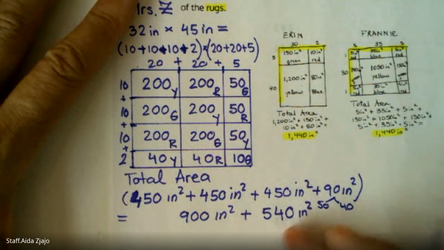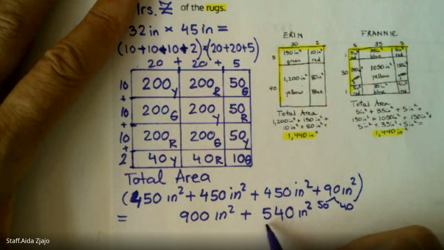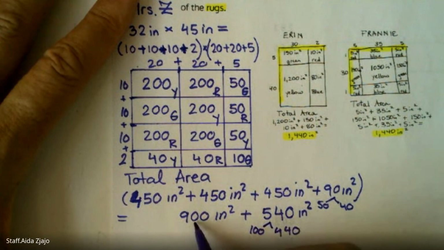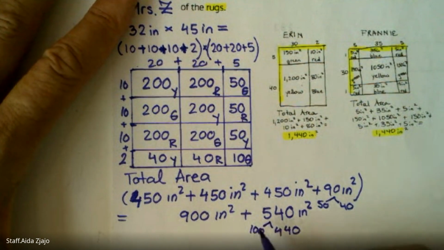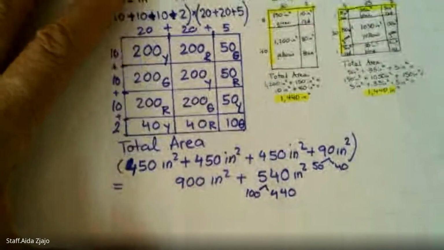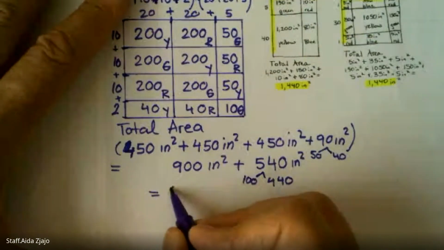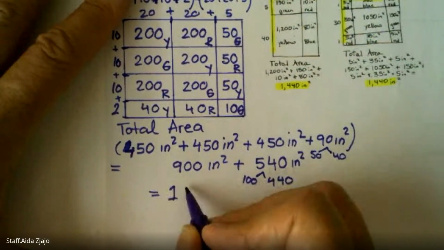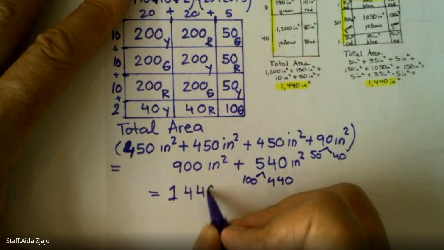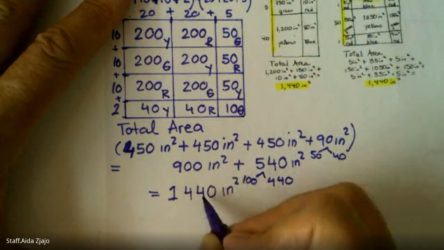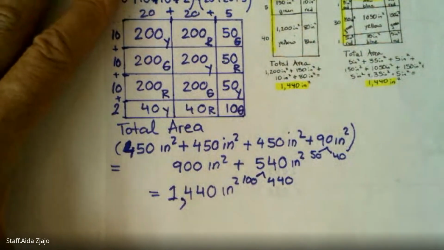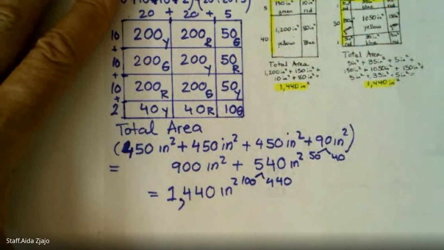So 900 plus, if I decompose this into 100 and 440, this 900 and 100 will make me 1,000. So it will be final answer 1,440 inches squared, and that is exactly the same as the girls have.